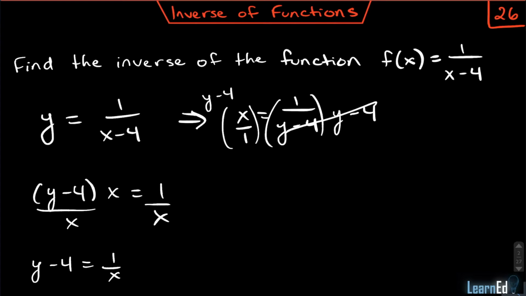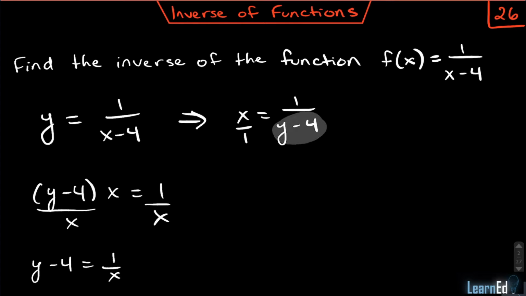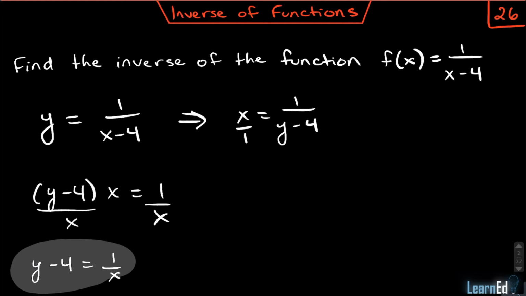And so if we look at what our original equation was, okay, we could have just moved this y minus 4 up to the numerator on the other side and moved this x down to the denominator on the other side. Okay, and if you did that, you would get this.